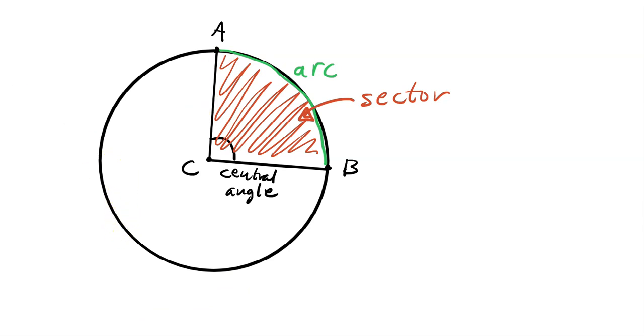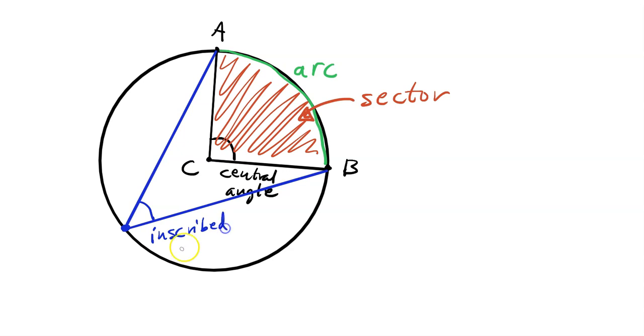If we instead take any point here on the circle, instead of the center point, and draw these line segments, this angle here is called an inscribed angle. So this is an inscribed angle, and here instead we had a central angle.